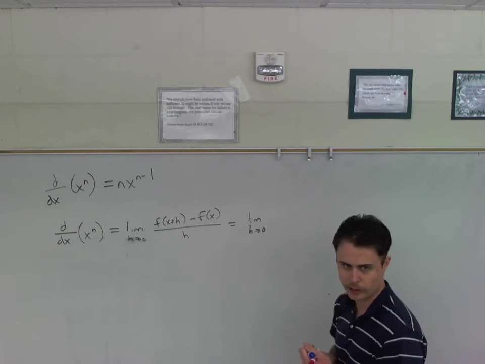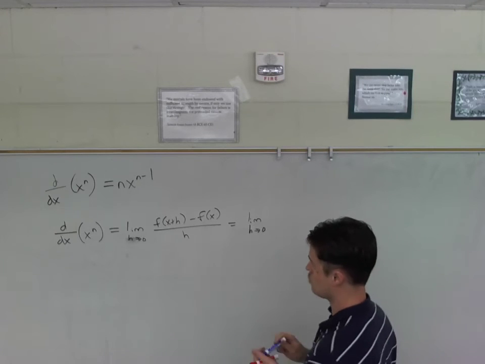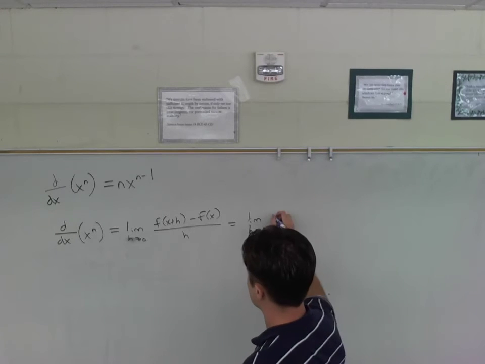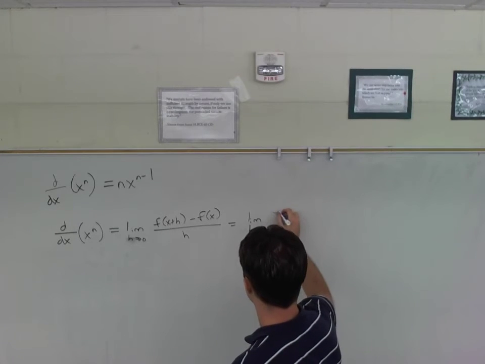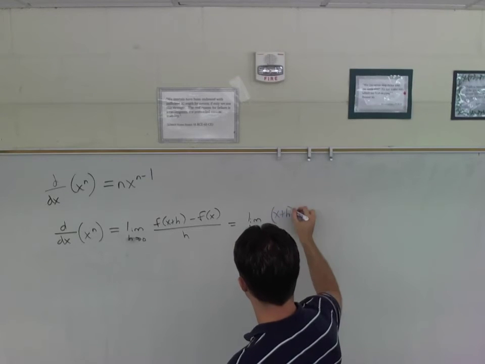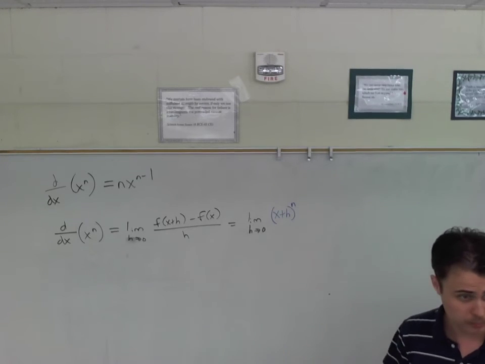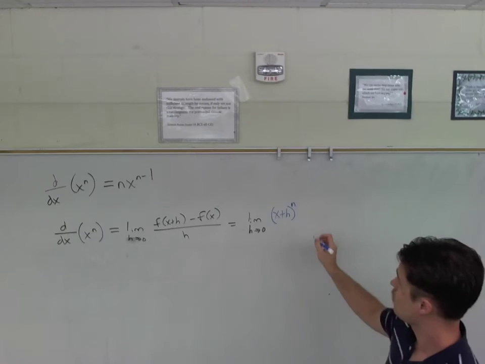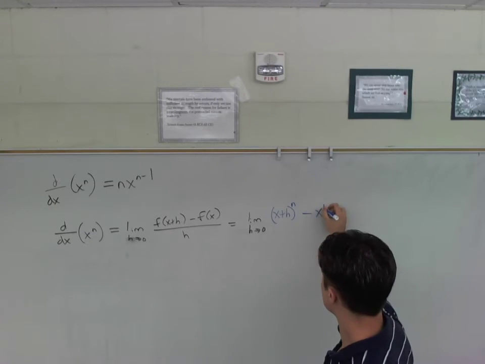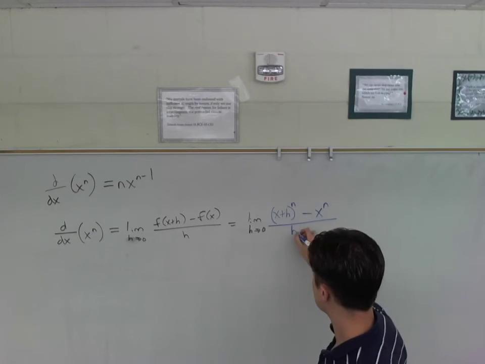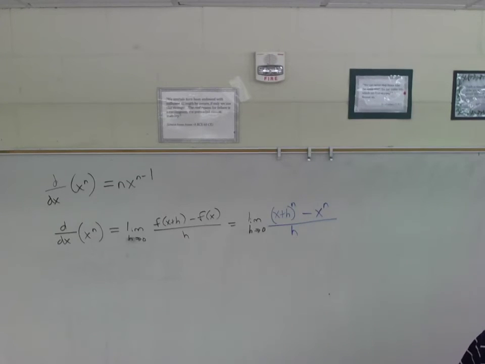So now we're going to plug in, right? So we say f of x plus h is what? x plus h to the n power, minus x to the n power over h, yeah?